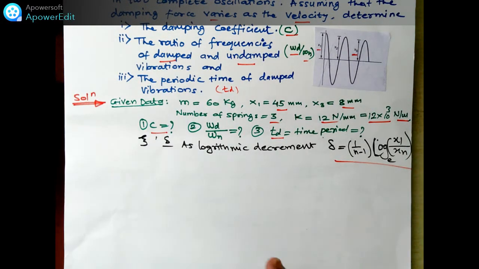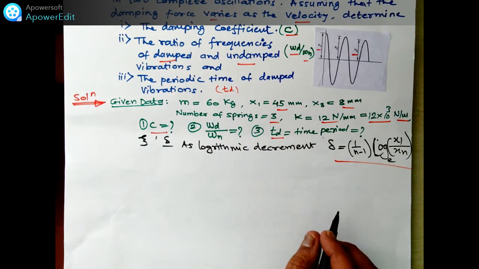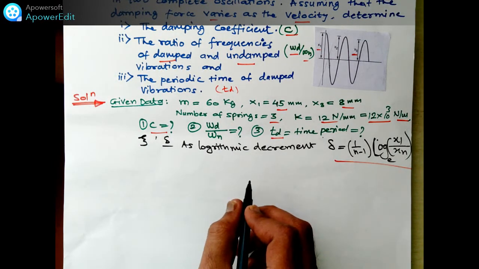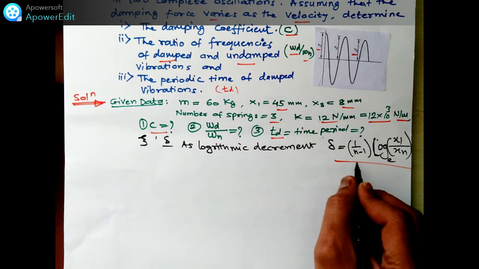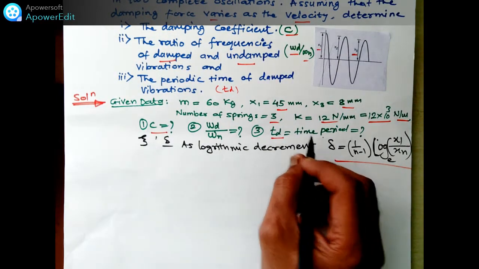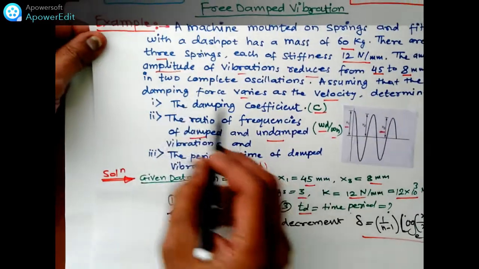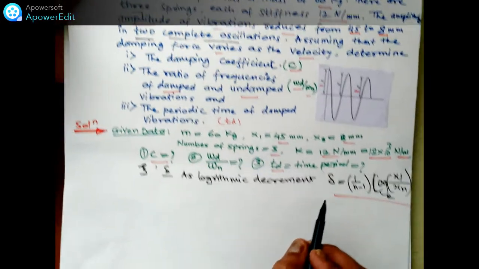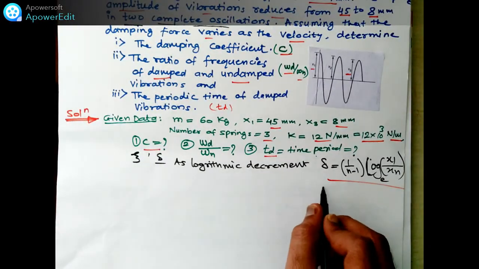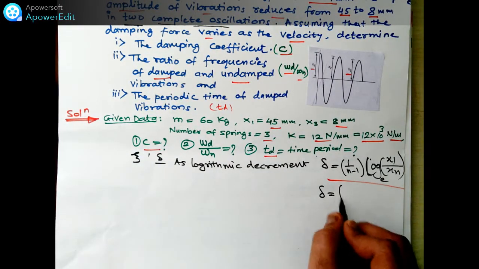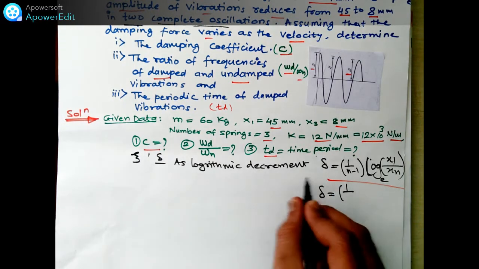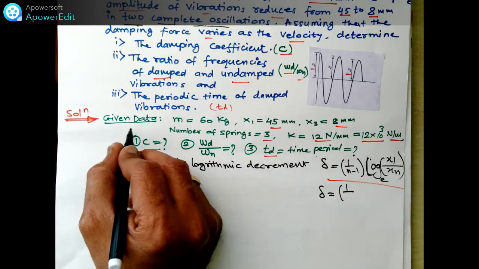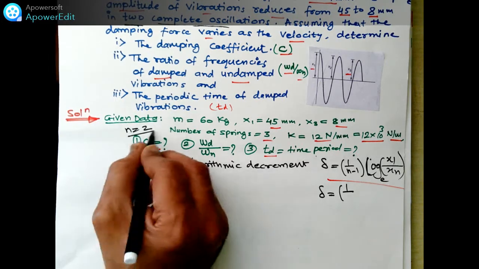Okay, value of delta, how much then? The total 2 oscillations are there. In the numerical already it is given to you, the 2 complete oscillations. So I will write here itself: 1 upon n, n is how much? Number of oscillations are 2.